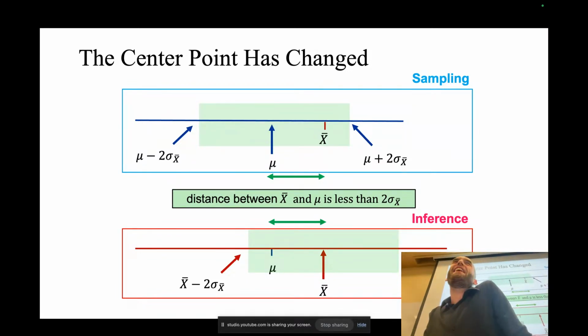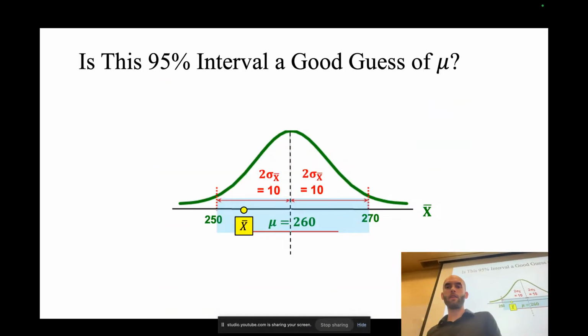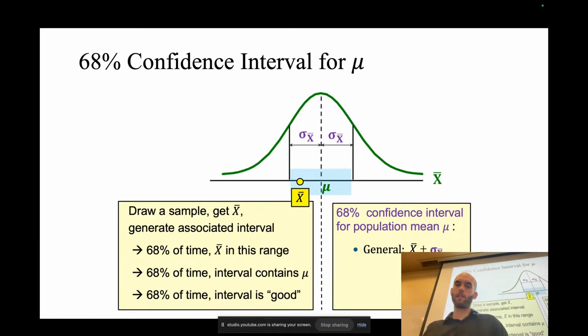Okay. All right. So this is a powerful tool, and this is the fundamental idea with why confidence intervals are powerful, and how we can know things probabilistically about the truth simply using sampling. Okay. So is the 95% confidence interval a good guess of mu? Well, in general, this is the tool that we use to try to get at the truth.